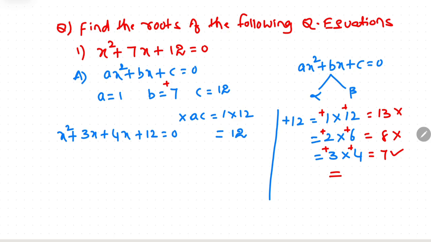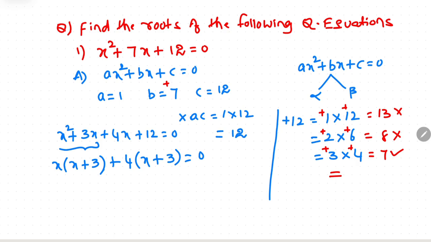Now x power 2, x. So when you take 1x common, x power 2 becomes x. Already we have taken x as common, so we are left out with the 3. 4 12, 4 can divide 12 for 3 times. So 4 divides 4 for 1 time, plus 4 divides 12 for 3 times.